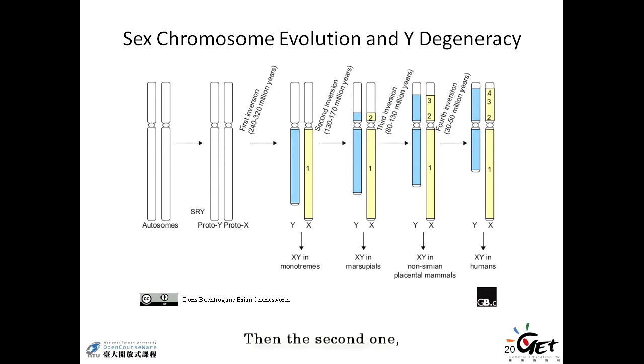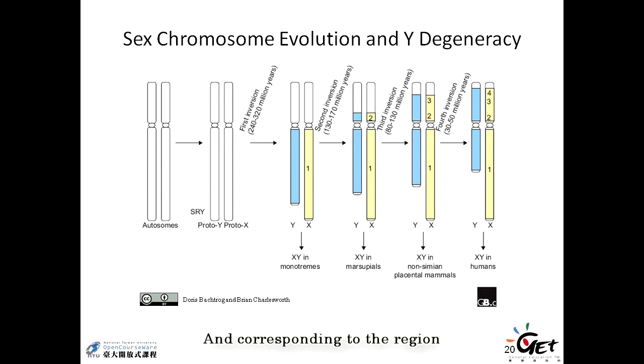The second one, in blue and yellow, is more similar to the XY system in marsupials. This slide shows the number of years of divergence on the top, to illustrate how we think the sex chromosomes in mammals evolved from a pair of autosomes.